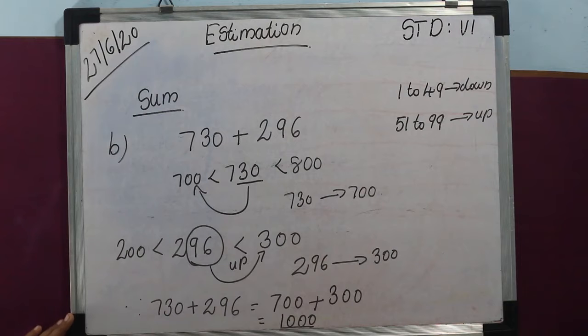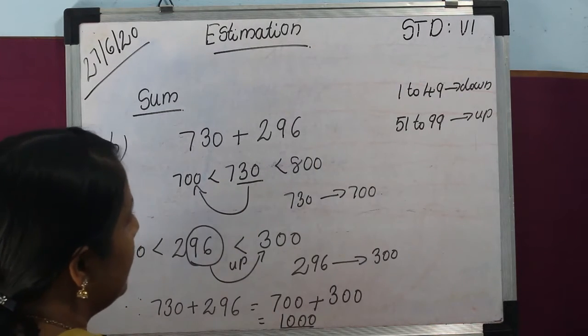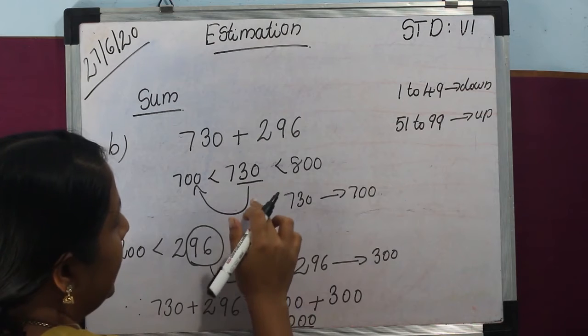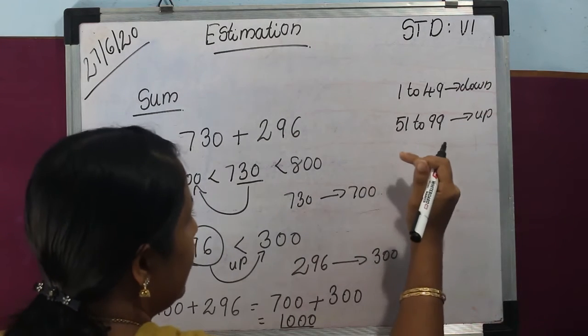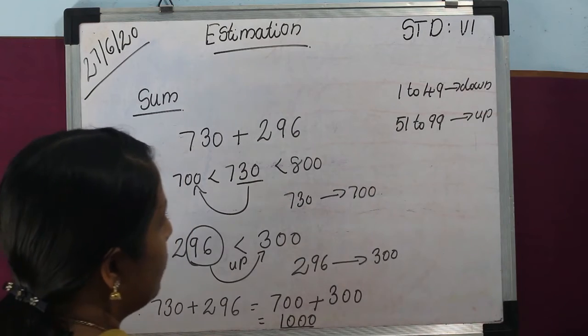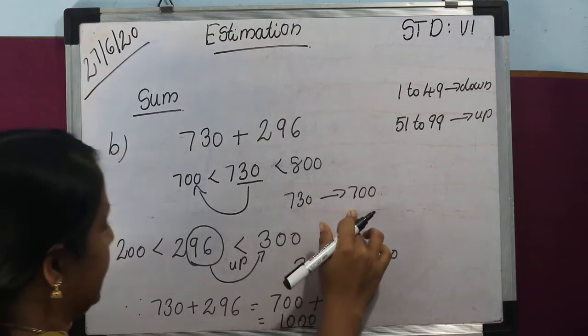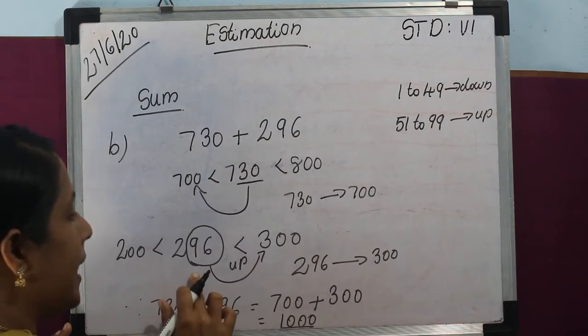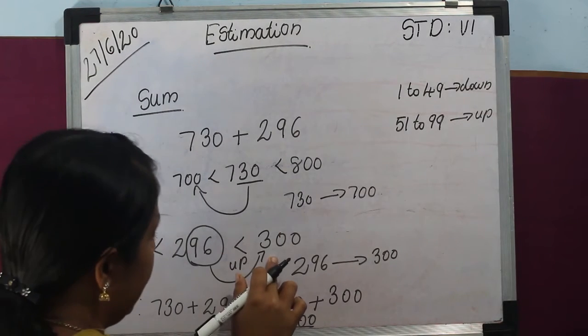Once more, our question is 730 plus 296. First number is 730. We know that 730 lies between 700 and 800. Then we take the number 30. The number 30 is rounded down to the first number. So 730 is rounded down to 700. Next our number is 296, which lies between 200 and 300.